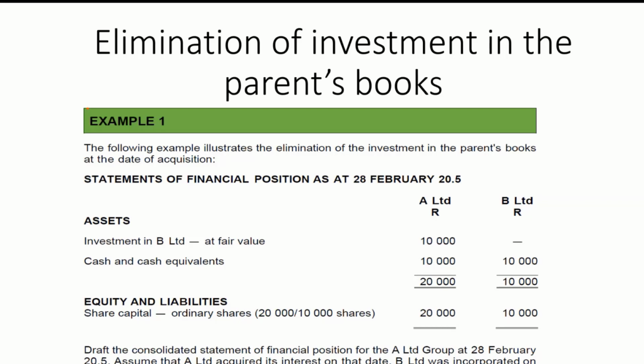And how do we eliminate it? By putting a journal entry in the opposite direction. So we would now credit investment of 10,000 and debit share capital of 10,000. When I do that, I've eliminated that transaction. I've passed a transaction which is directly opposite to what is in our books, and by so doing I've canceled the transaction.